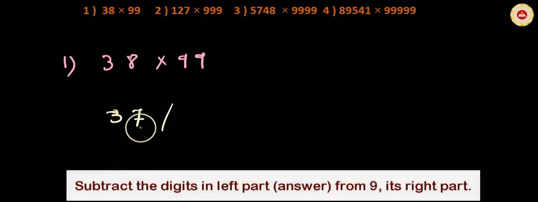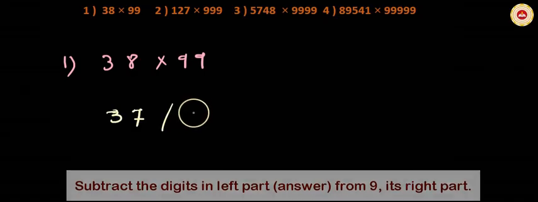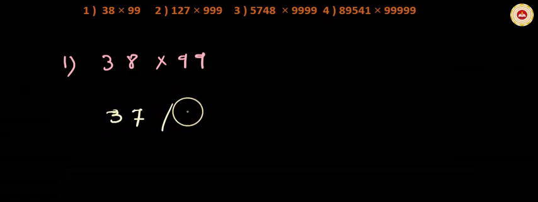Subtract these 2 digits, 3 and 7, from 9 and write the answer in the right part. 9 minus 3 is 6. 9 minus 7 is 2. Left part is 37 and right part is 62.